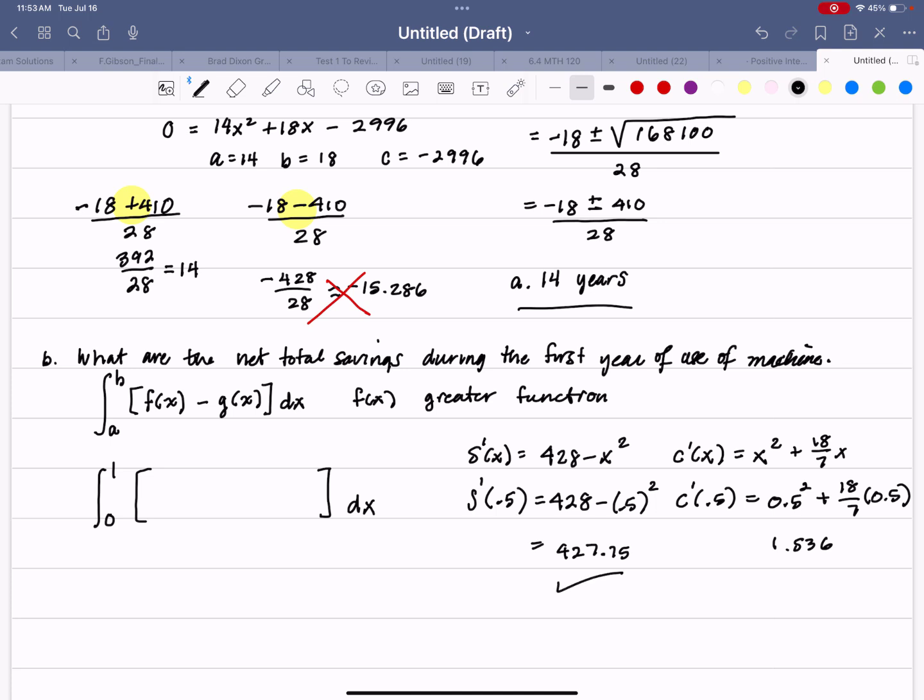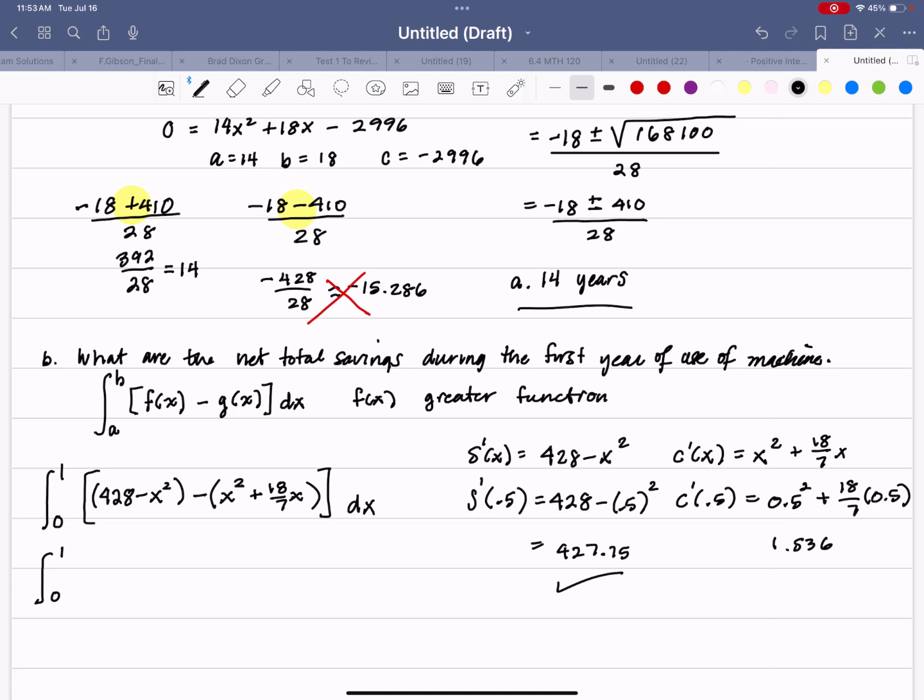So the 428, it may need a little bit more space, so I'm going to stretch this out a little bit. So my first function is 428 minus x squared minus x squared plus 18 over 7x. So that's going to give me the integral from 0 to 1.